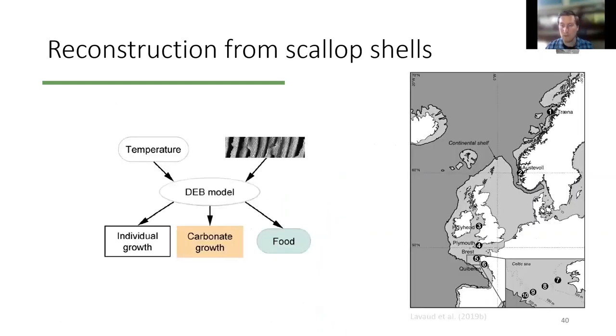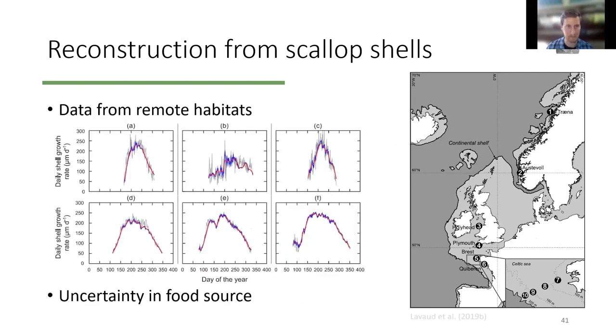So I will show you now an application of this method that we carried out along the Atlantic coast of Europe for this scallop species. Our main interest was to look at data from remote habitats for which we don't have much information about the environmental conditions.